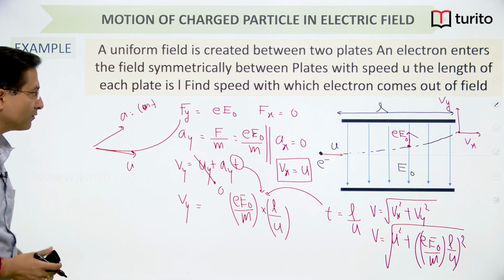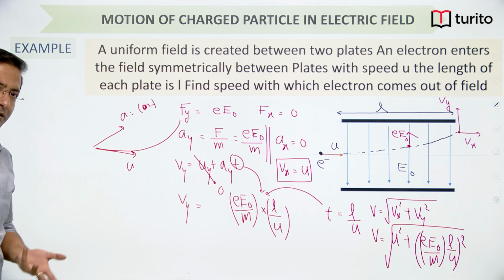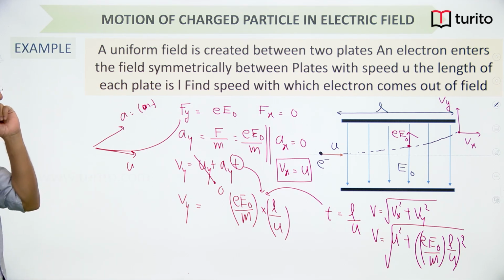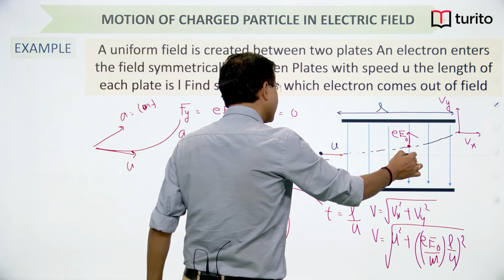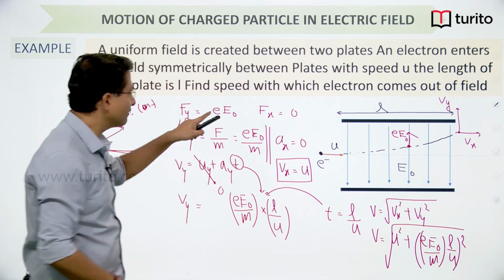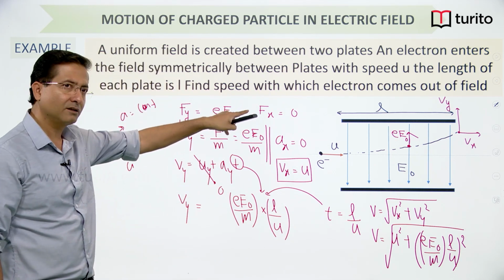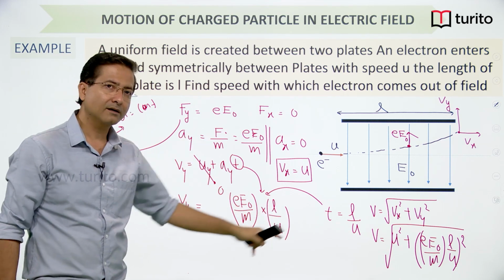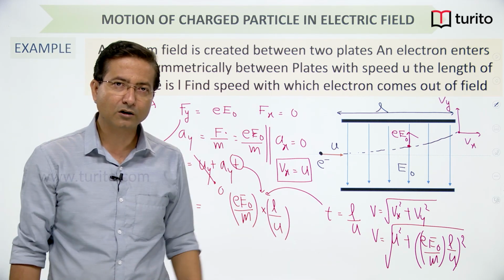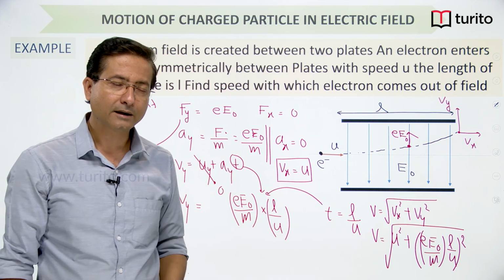In the situation if g is also given, acceleration due to gravity is given, though that force will be small. If I take that into account, then there will be one more force acting, mg. So, net force here will become e naught minus mg. So, now you have acceleration in y direction, same procedure to find out velocity in that situation, right.